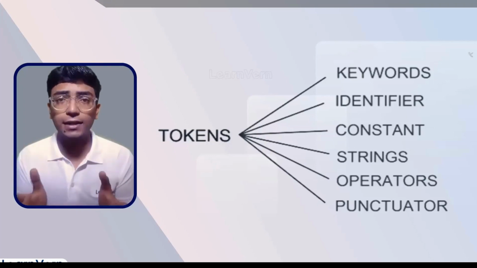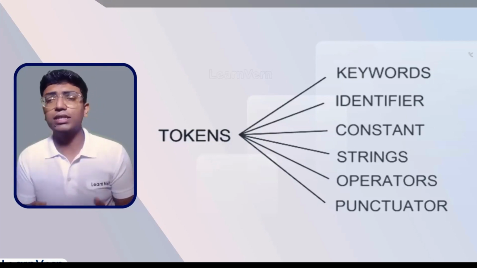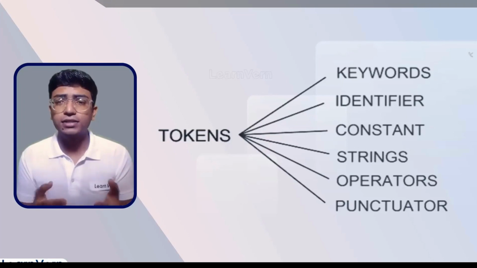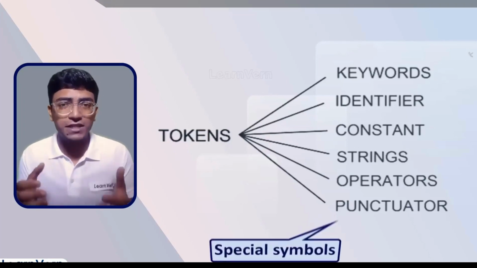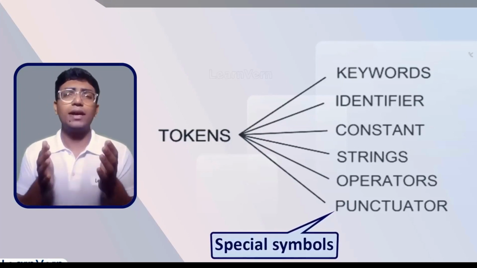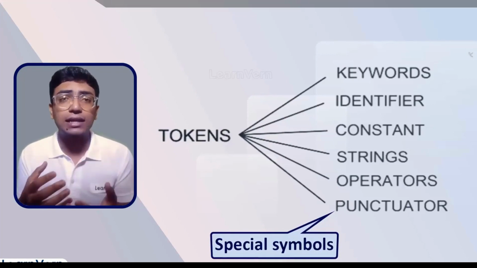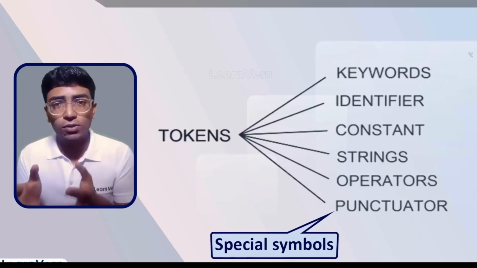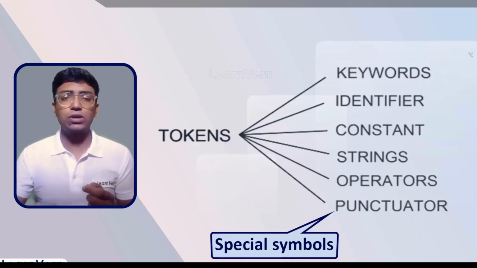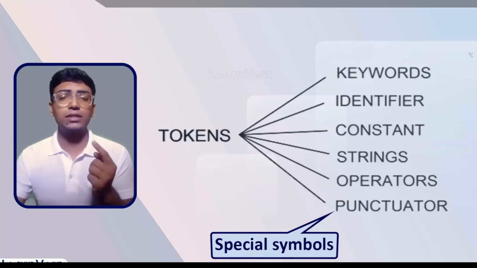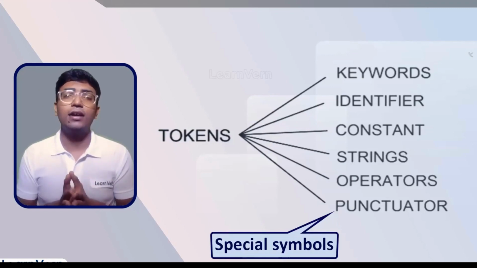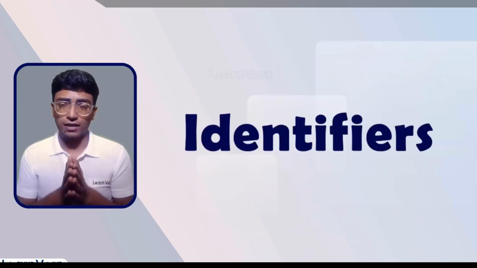Then come identifiers, then constants, strings, operators, and punctuators, which we even call special symbols. So we will see all these things one by one and understand what they exactly mean and what their use is. The first token that we are seeing is called identifiers.